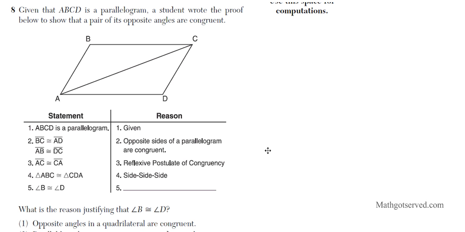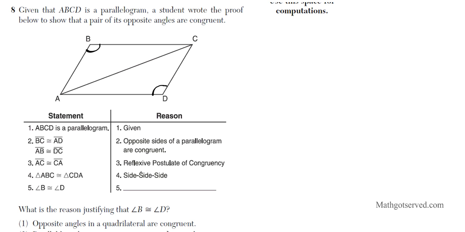Given a proof here, using side, side, side, as we can see, to show that these two triangles are congruent. And then the next step, step 5, is the conclusion that angle B is congruent to angle D. What's the reason?